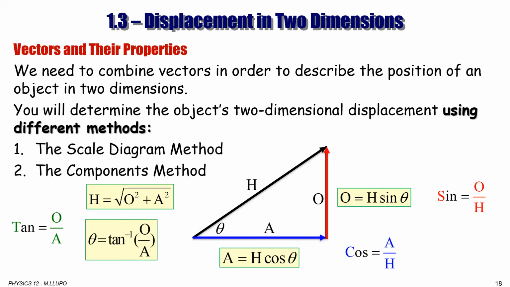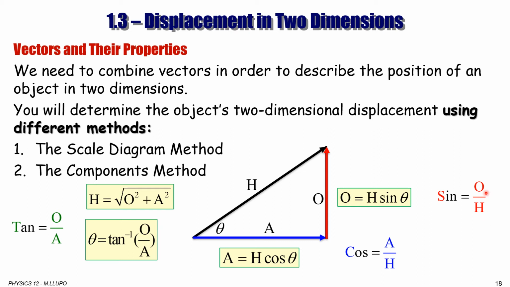Yes, here is SOHCAHTOA, the method widely used in trigonometry in North America. Sine is equal to opposite over hypotenuse, that's why SOH. Cosine is equal to adjacent over hypotenuse, and tan is equal to opposite over adjacent.